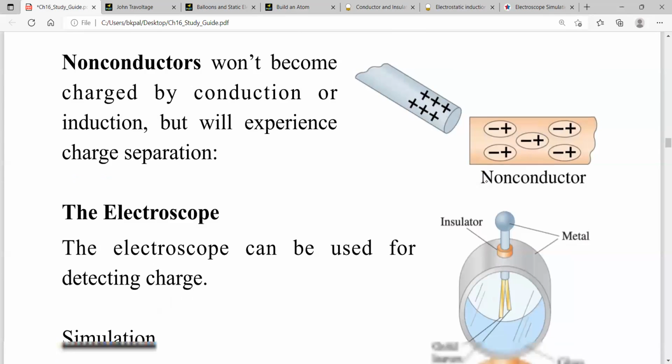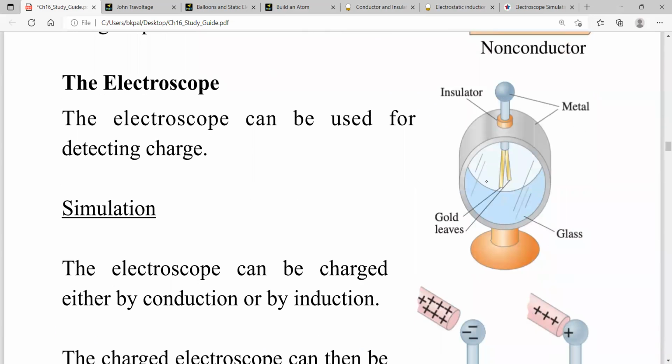The next thing I'm going to talk about is the electroscope. An electroscope is a device. In earlier days, we used an electroscope to detect whether an object is charged or not, or whether it is positively charged or negatively charged. Here you see a schematic diagram of an electroscope. The important part is the two gold leaves and this metal rod.